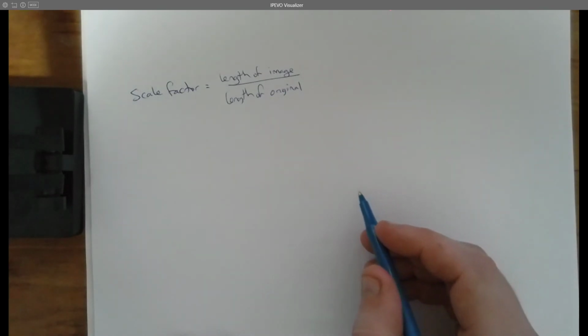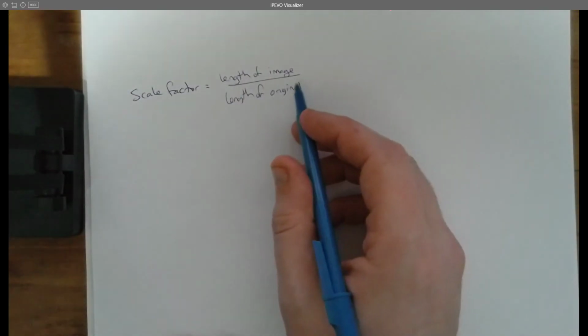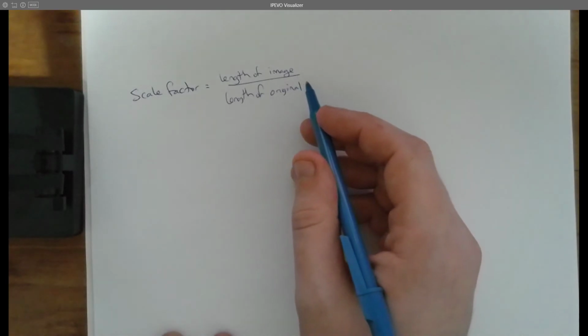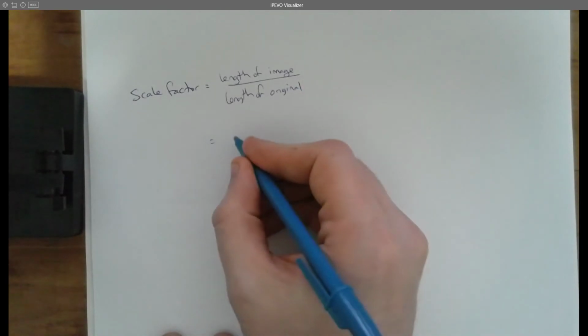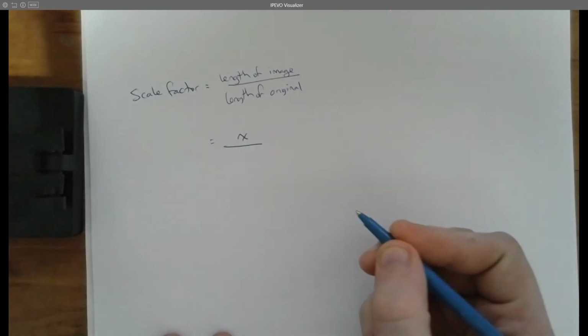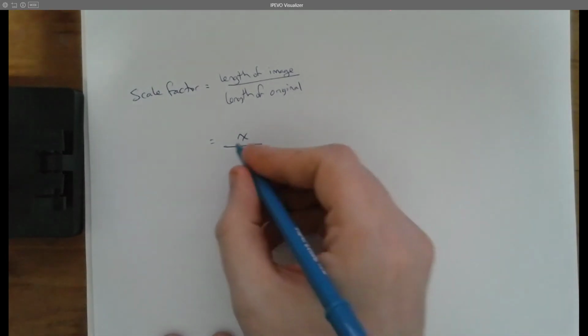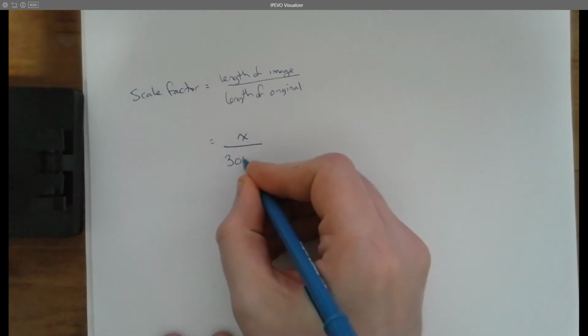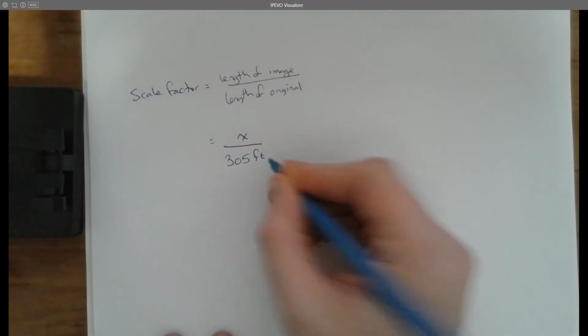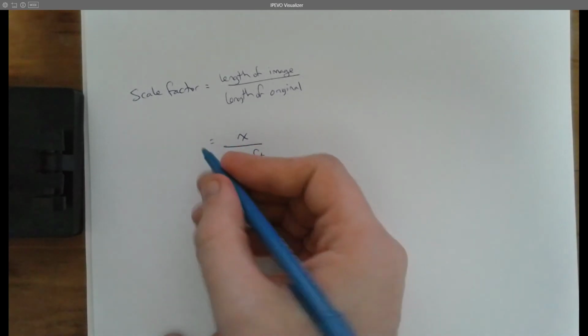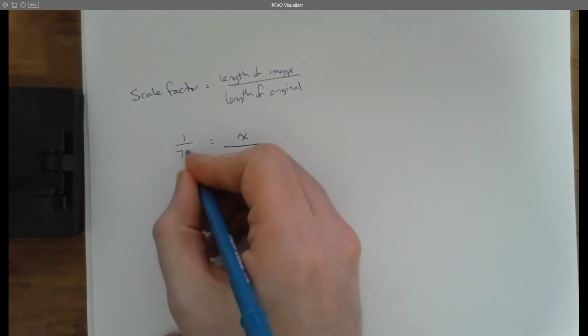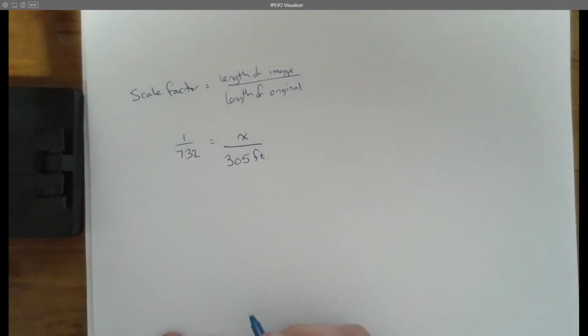But this time, we don't know the length of the image, or the height of the replica. So that's our x, our unknown. The height of the original, we're told, is 305 feet high. And we're also told the scale factor of 1 over 732.